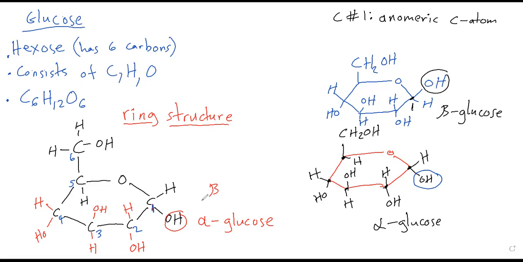You'll notice every other OH group is in the same position, but the OH group on carbon 1, when it arranges itself in space, can either be pointing up or down. So it is the carbon atom.